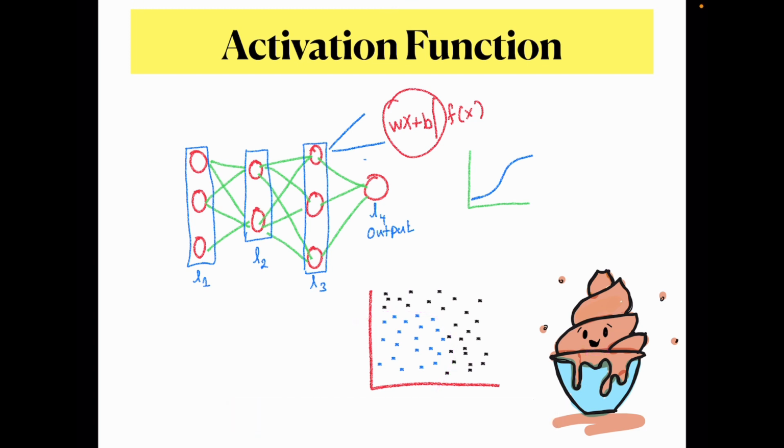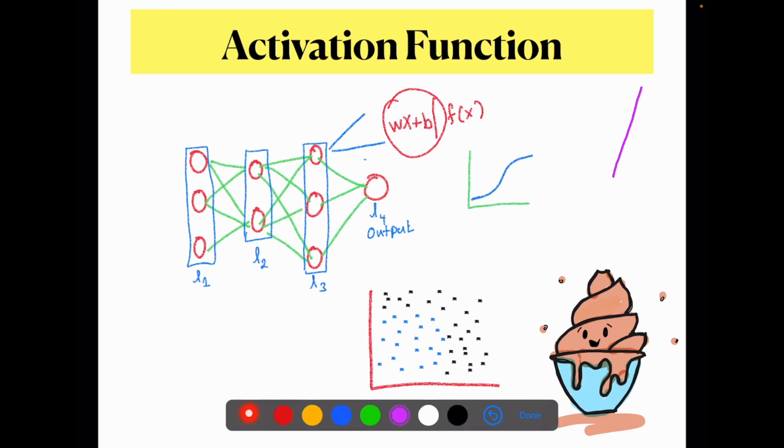Then you may have one question. Why do we consider ReLU as a nonlinear function? The ReLU has the shape of a line and one more line. That's the reason it is considered a nonlinear function. If it's just a single line, we cannot fit the data well.